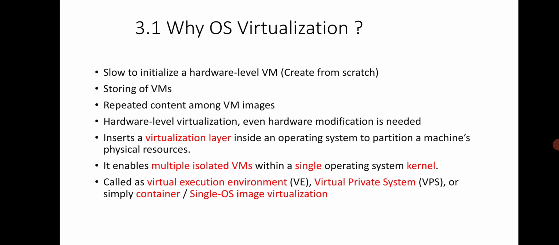So create from scratch. Storing of virtual machines, repeated content among virtual machine images, hardware level virtualization, even hardware modification is needed. Operating system level virtualization inserts a virtual machine layer inside an operating system to partition the physical resources of a machine.